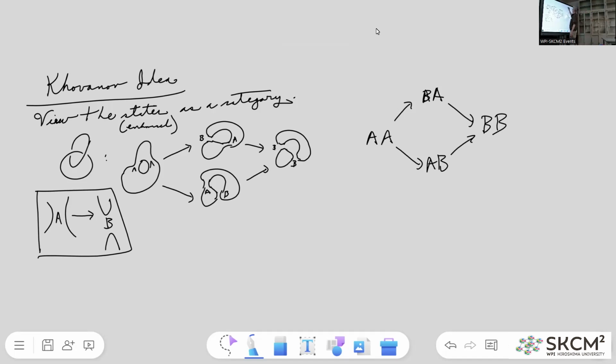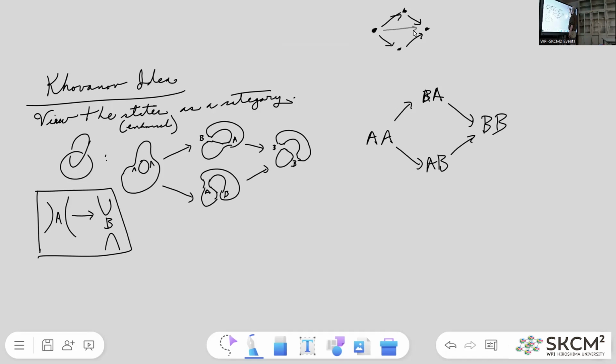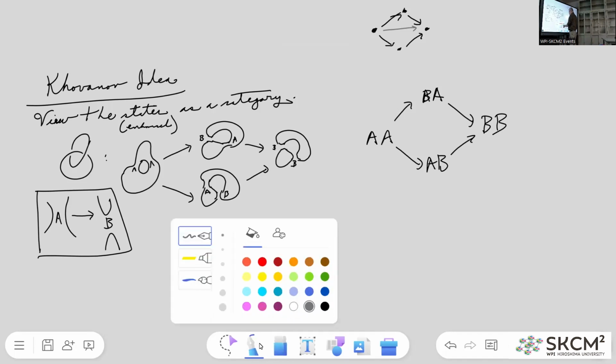So in this case, we're starting with this and saying it's a category. And in order for it to actually be a category, I have to add something, because the definition of a category says there are compositions. So there has to be, I was going to choose a nice color like red or something.